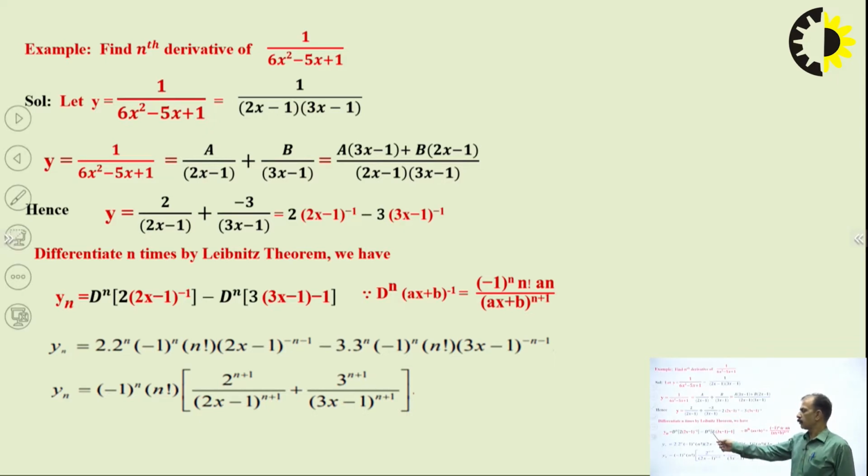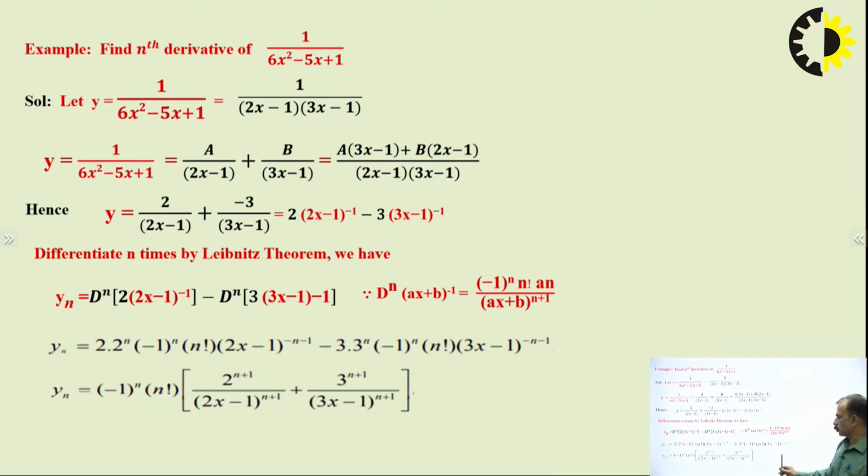The value of the nth derivative of the second function is 3 raised to the power n, minus 1 raised to the power n, factorial, 3x minus 1 whole raised to the power minus n minus 1.